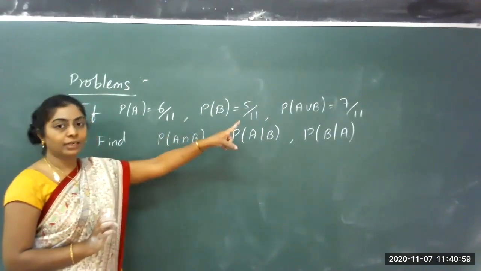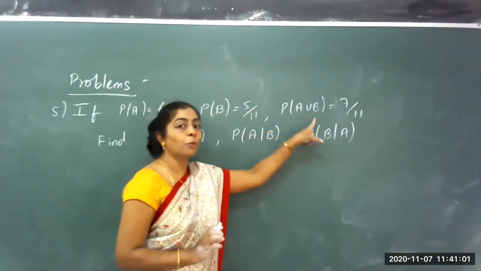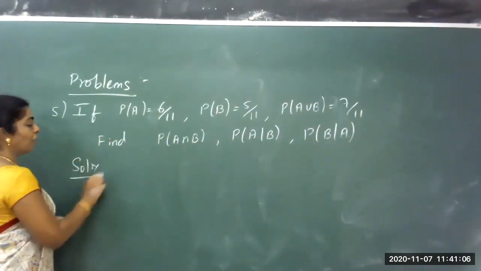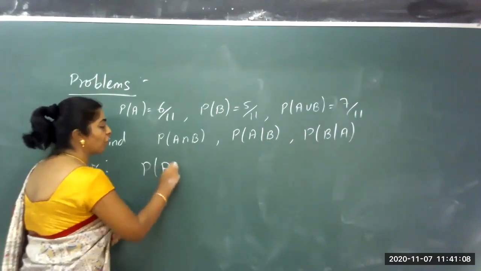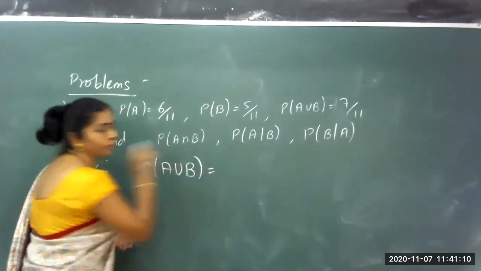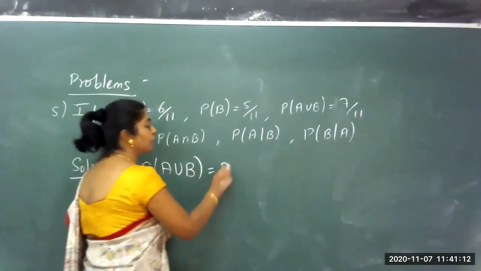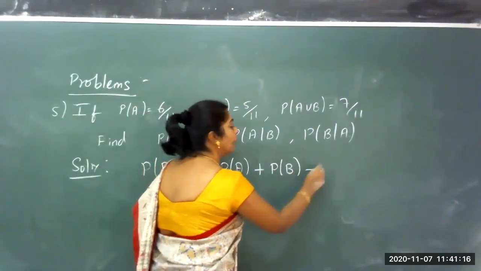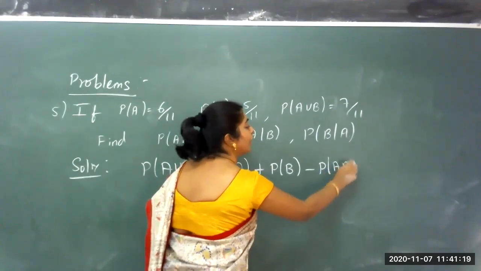With the given data, can I not use the formula of probability of A union B? What is the probability of A union B?